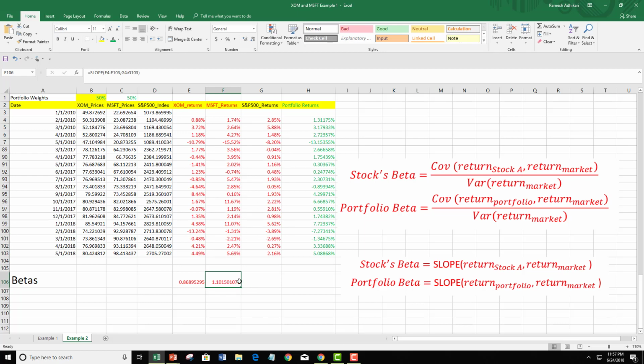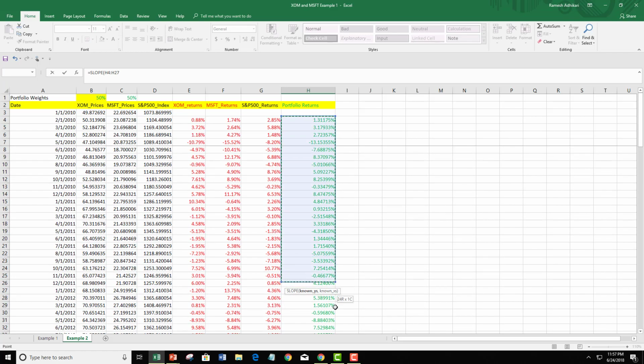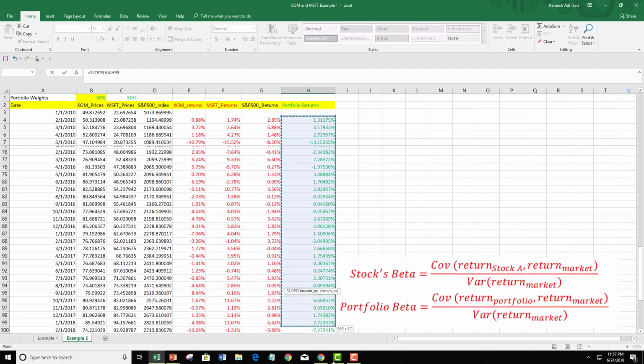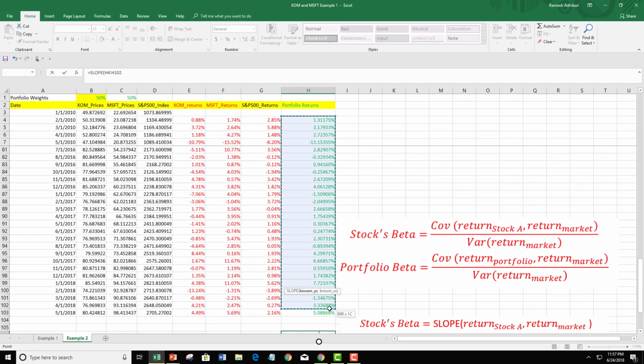beta for Microsoft. Similarly, if you want to compute the beta for portfolio, then you do this, slope. And this time you are computing beta for portfolio, so you have to select the return of the portfolio first, and then comma your market return.